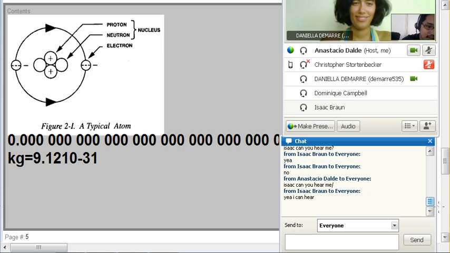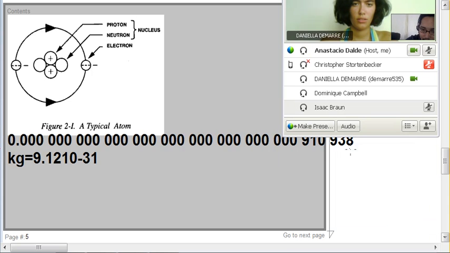In order to do it that way, you count like this. How many times would I have to move the decimal place in order to make it reach this point right here? And that answer is 31 times. If you want to count it, you can.